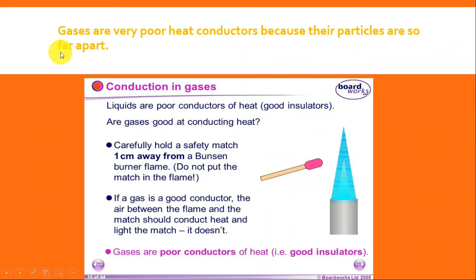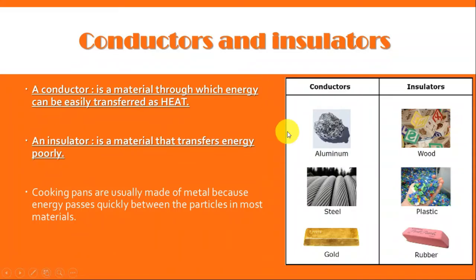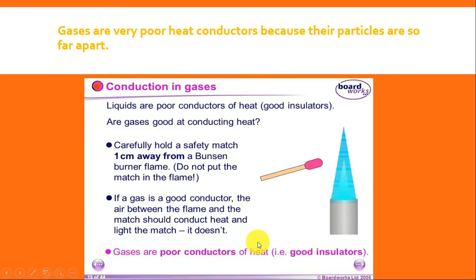Now, what about gases and liquids? Here we were talking about solids. What about gases and liquids? Liquids are poor conductors of heat. They are good insulators. Also, gases are very poor heat conductors because their particles are so far apart.